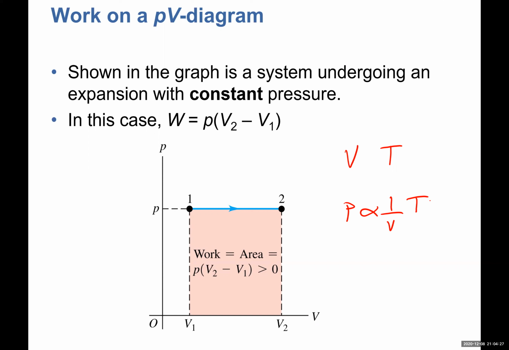So, for example, look at this particular PV diagram. Here's state 1. In this case, I have pressure and I have volume for state 1. But then clearly I am changing the volume. I'm increasing the volume. That means work done is positive, right?